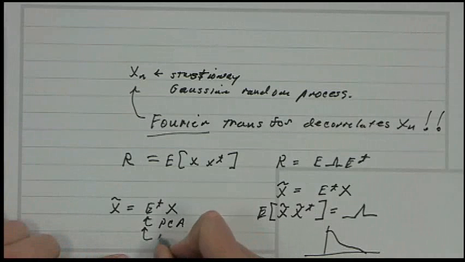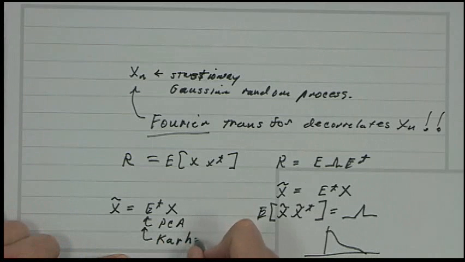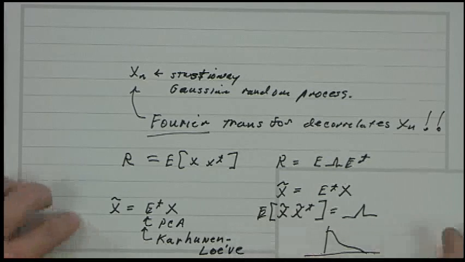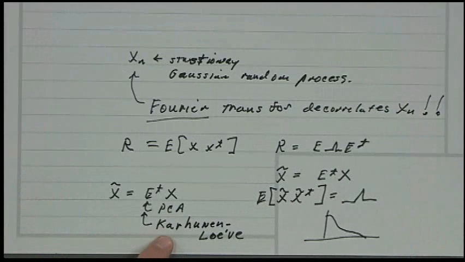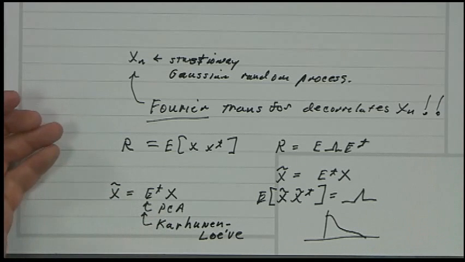Hold on. So the Karhunen-Loève transform is the decorrelating transform for a window of a random process. And PCA, these are all the same thing.